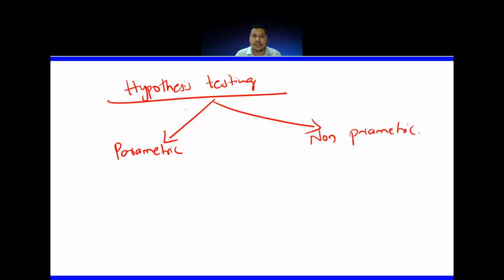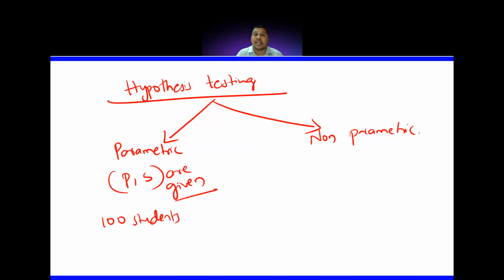Parametric testing technique means, in hypothesis testing, that the information about the population and sample is given. For example, they say out of total 100 students in my class, the average marks is 70.